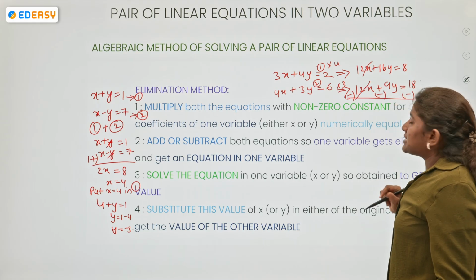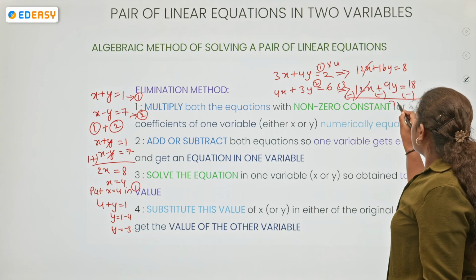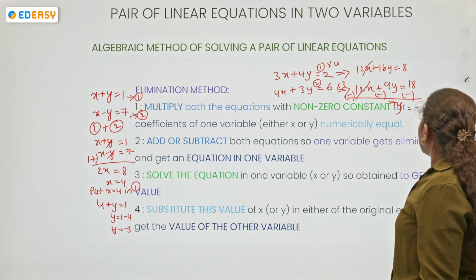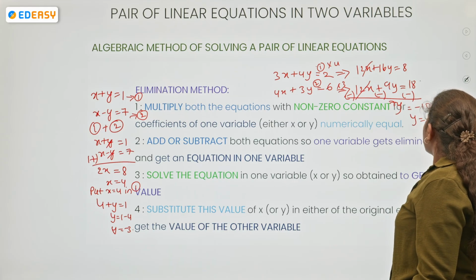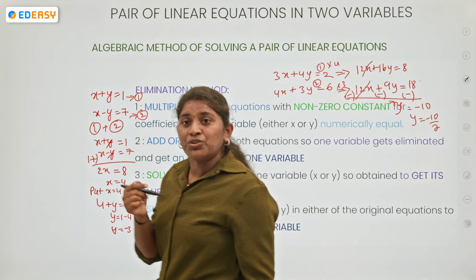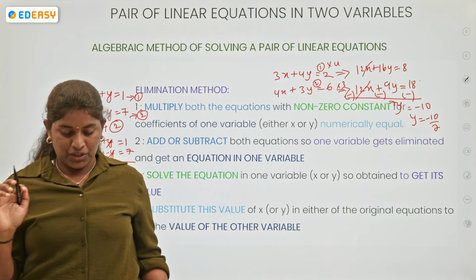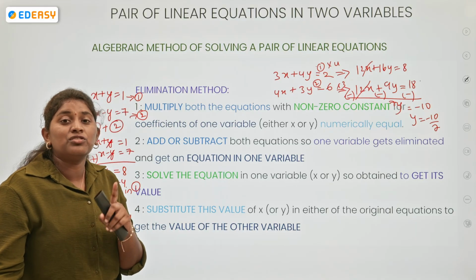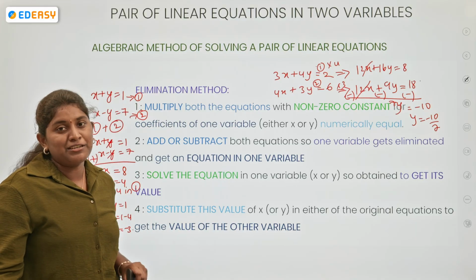Now 16 minus 9, how much? 7y, right? 8 minus 18 becomes minus 10. Now y value will become minus 10 by 7. Put the y value in any of your equations to get your x value. So that's how we solve using the elimination method.